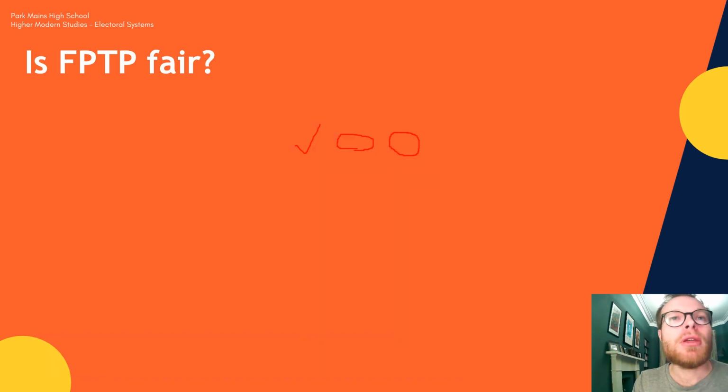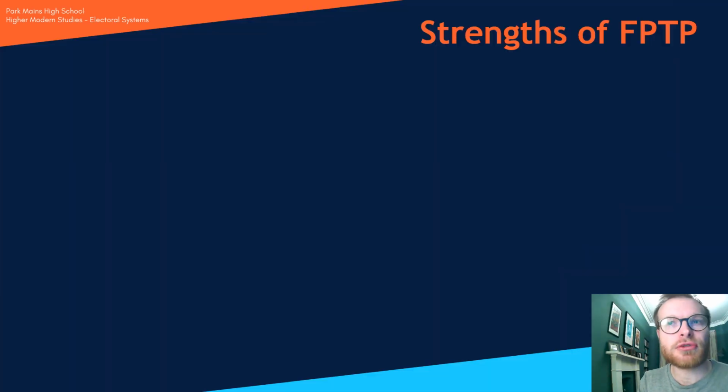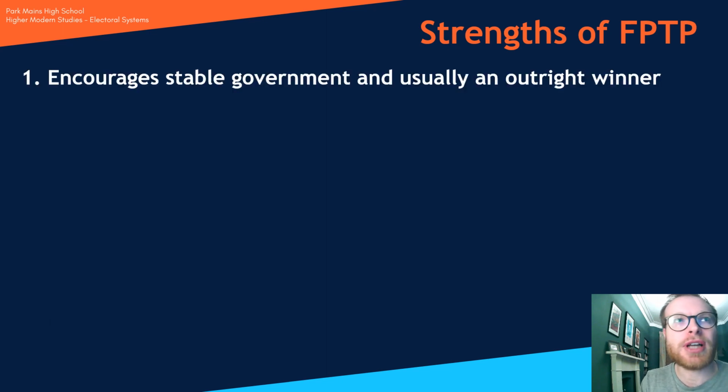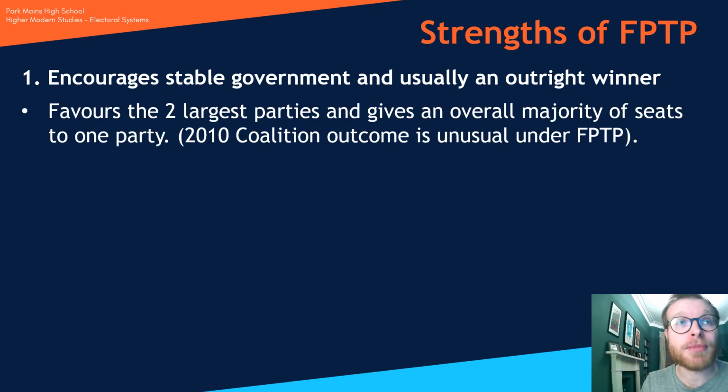Okay, so strengths of first past the post, first of all, if you just put the title, strengths of first past the post. And the first one is it encourages stable government and usually, although not always, but usually an outright winner. So first past the post favours two large parties, Labour and the Conservatives, and it tends to give them an overall majority of seats.